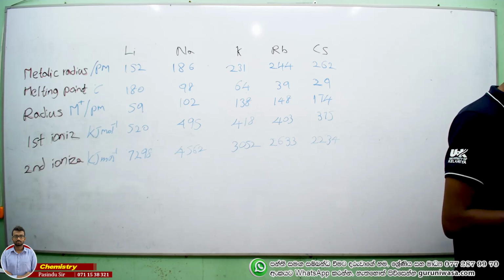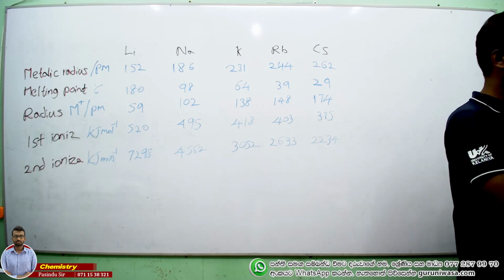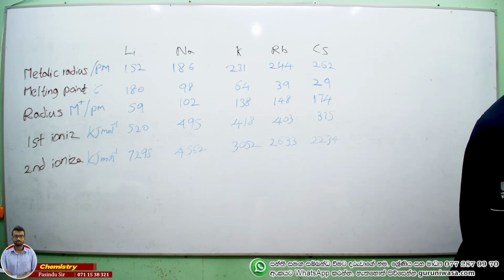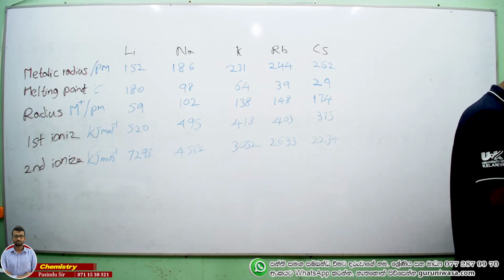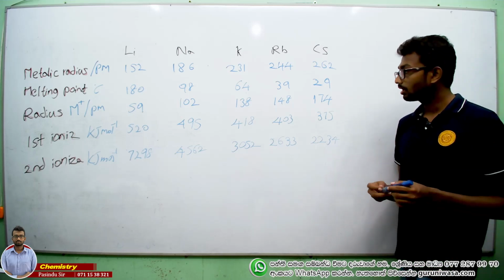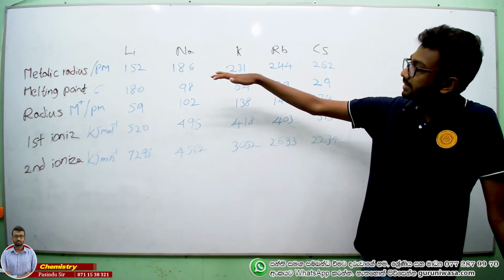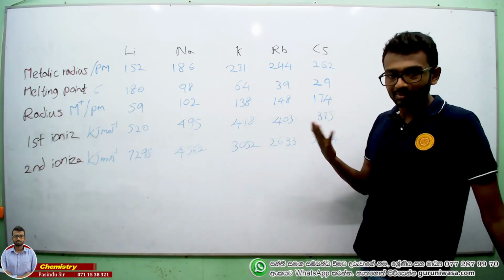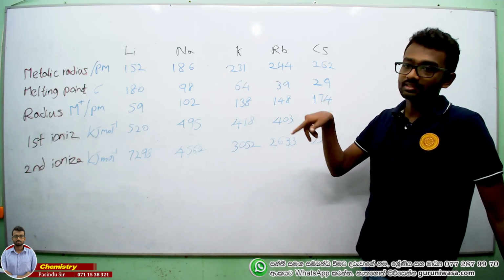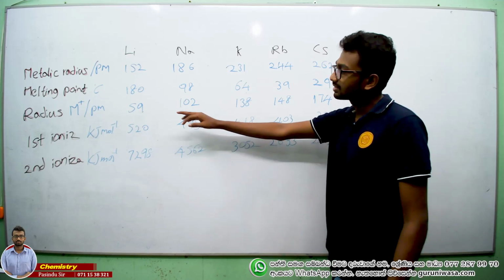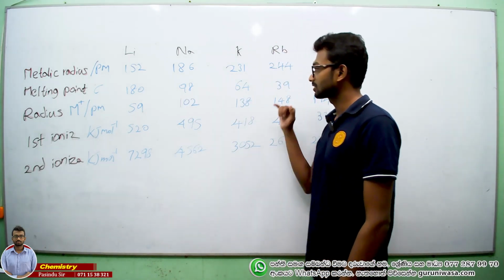But just check these patterns. How does it change? Metallic radius is increasing. You already know that. Why? The energy levels are increasing, the number of electrons are increasing. And melting point decreases. Why?